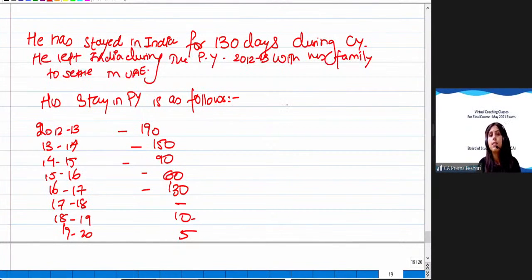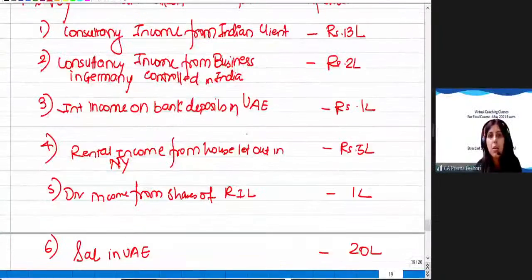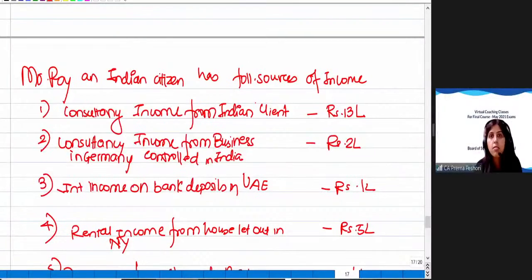Determine his residential status, and what will be his taxable income in India? I need two answers from you.